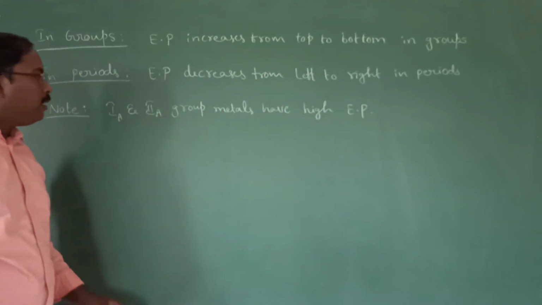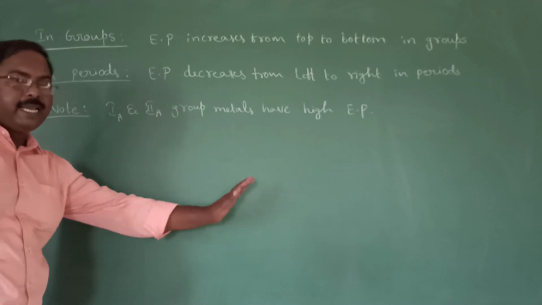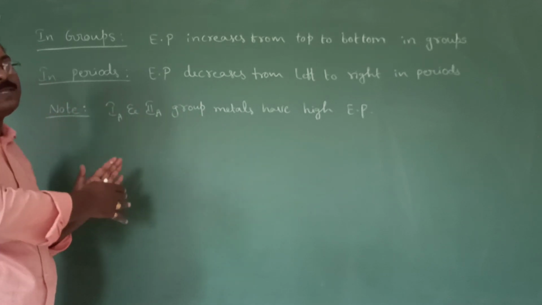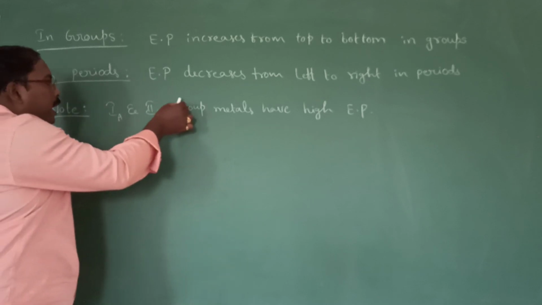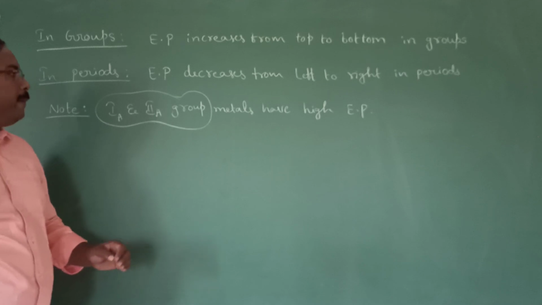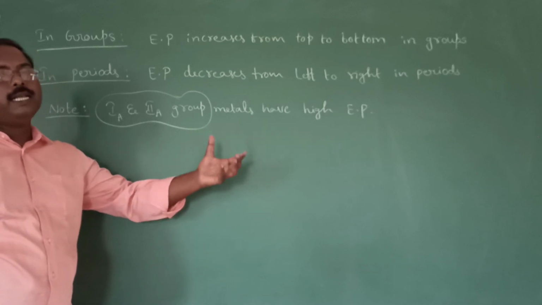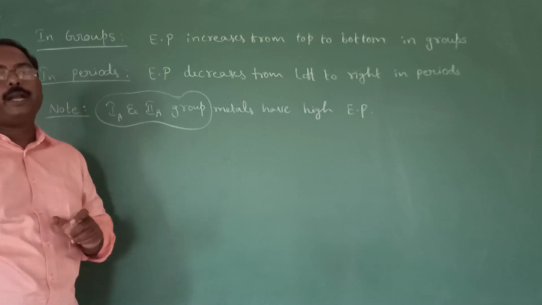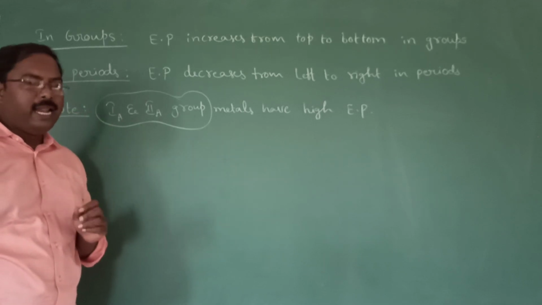Left to right it is decreasing. On the extreme left side, we have S block elements. S block elements means the first A and second A group elements, and they will have more tendency to lose the electron. This is one of the characteristic properties of S block elements.